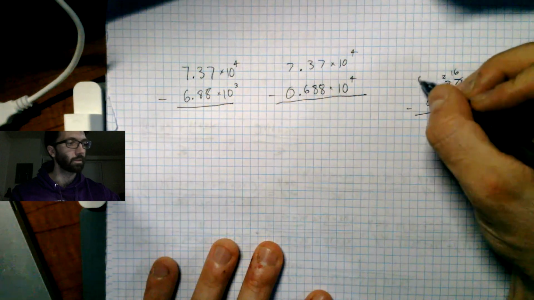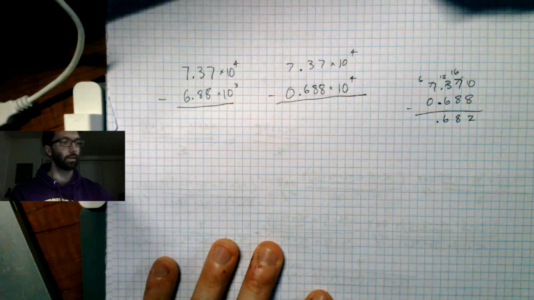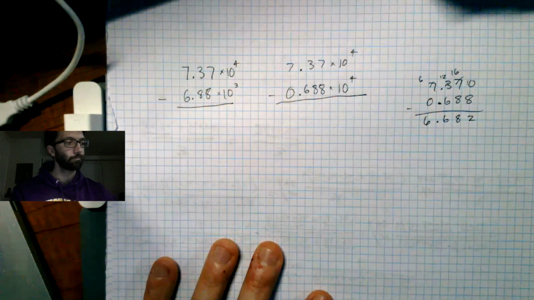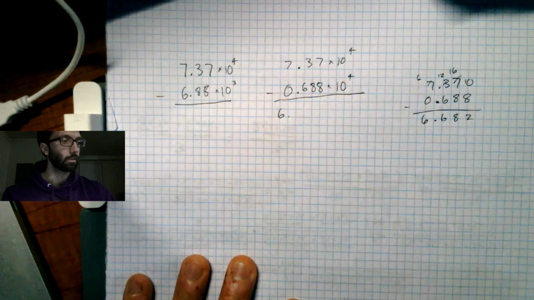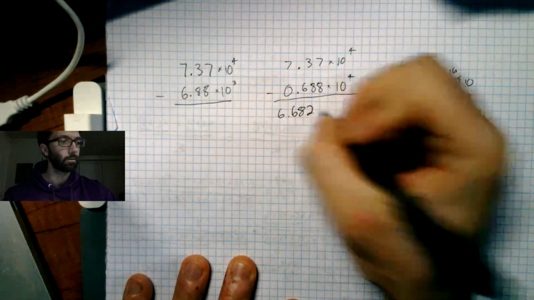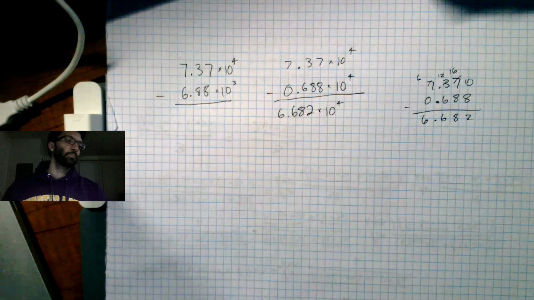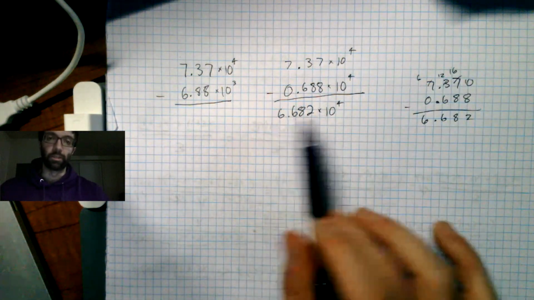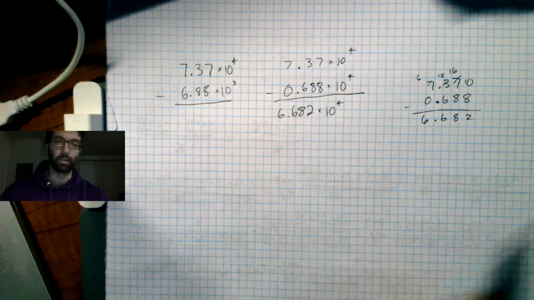Then we gotta take from the 7 again. Keep the decimal where it is. And then we have 6.682 times 10 to the 4th. And then you just want to make sure that this is in scientific notation, which it is, so we don't have to make any conversions there.